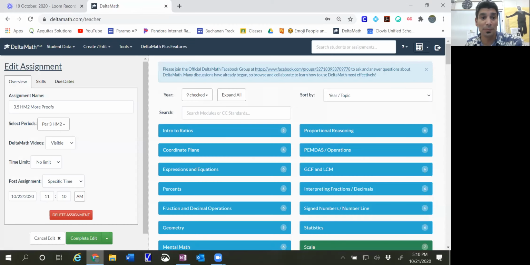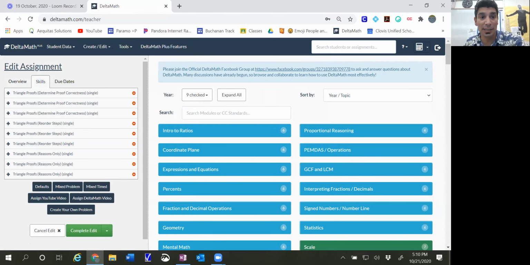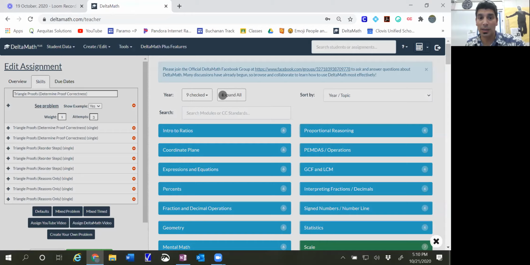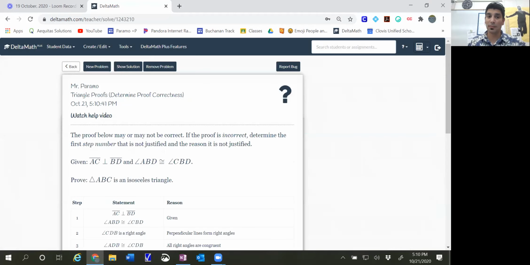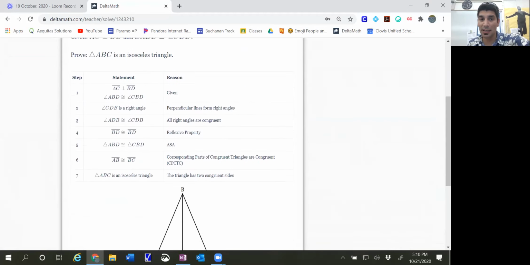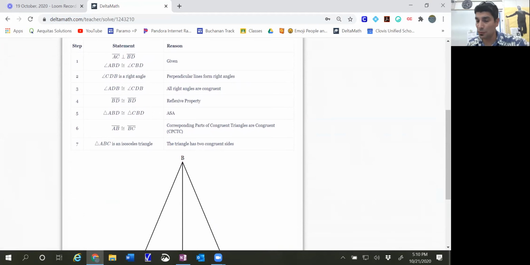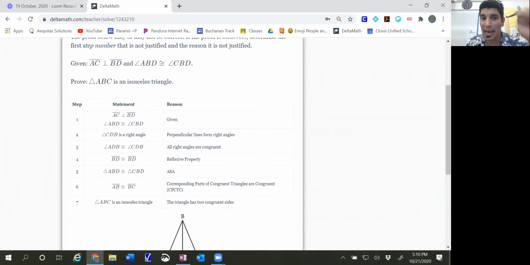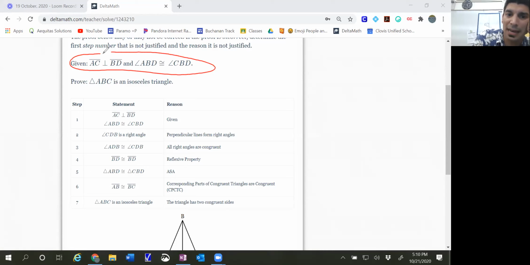For example, if I go to this particular example and you see this proof, you're going to look at it and you're going to say, okay, is the given, does that match? Let me just hit this button real quick. Does all of that match up right there? That's a true statement.